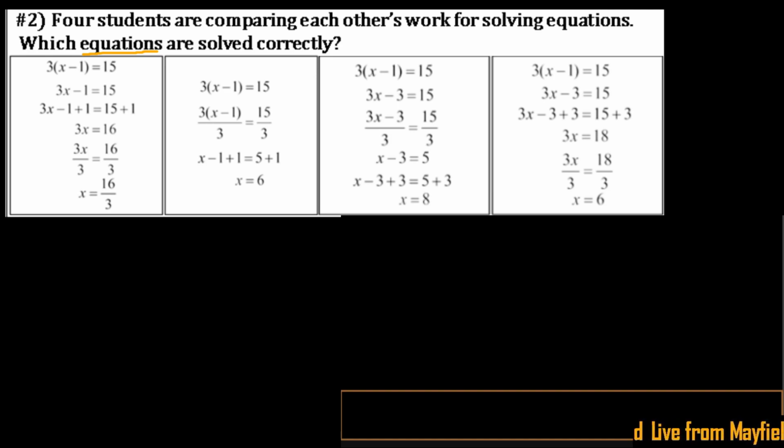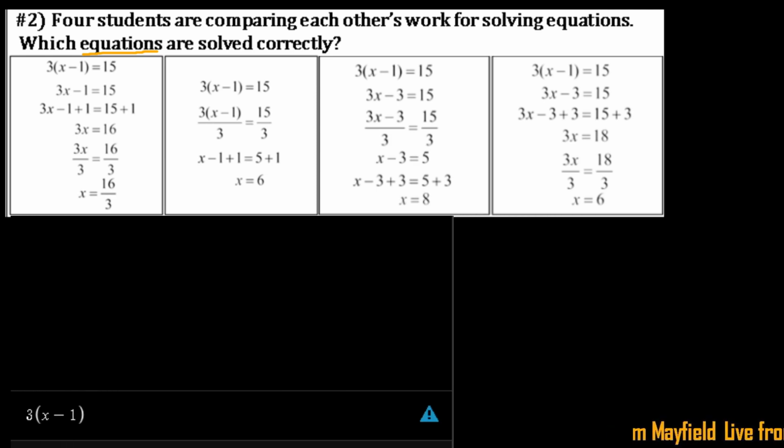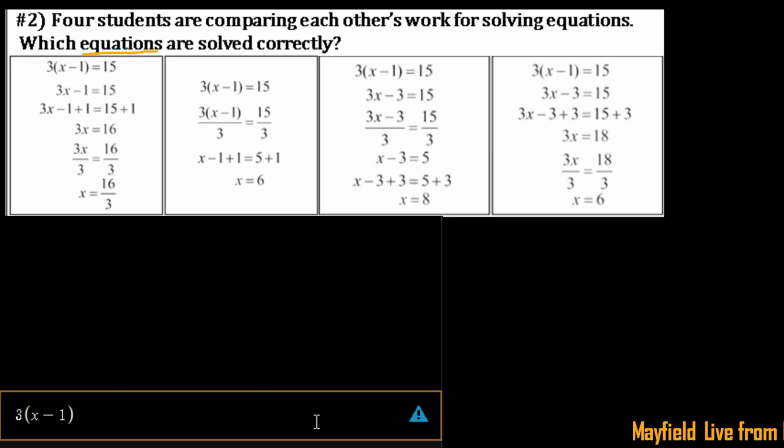All right. So what I'm going to do is type in that original equation. So I'm going to say 3 times the quantity x minus 1, and I'm saying that needs to equal 15.